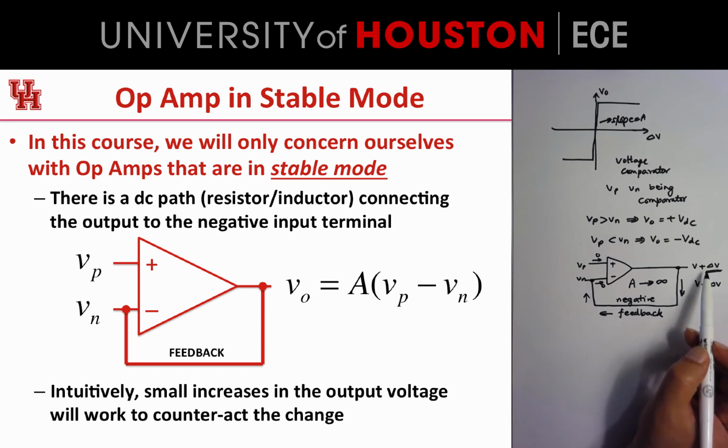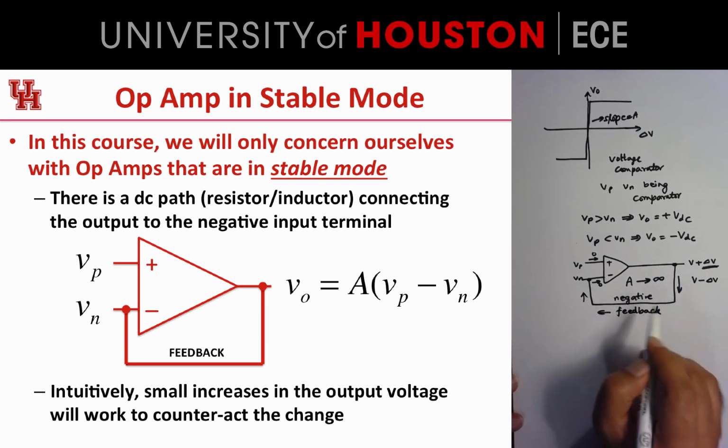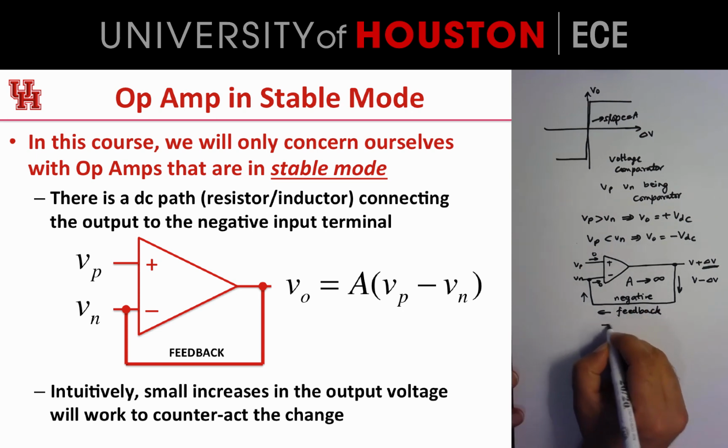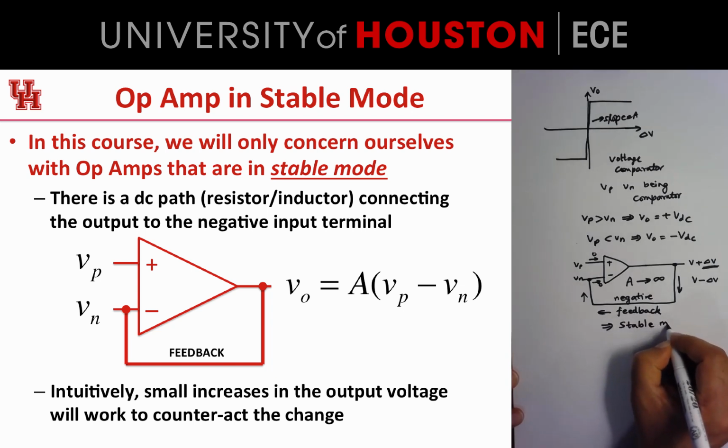Even the slightest change in the output will immediately get counteracted, and because of that, the op-amp will be in a very stable mode. So we say that when there is negative feedback, the op-amp is in stable mode.